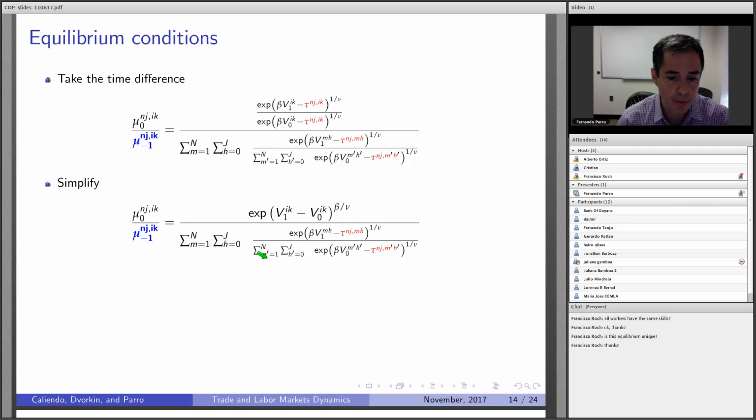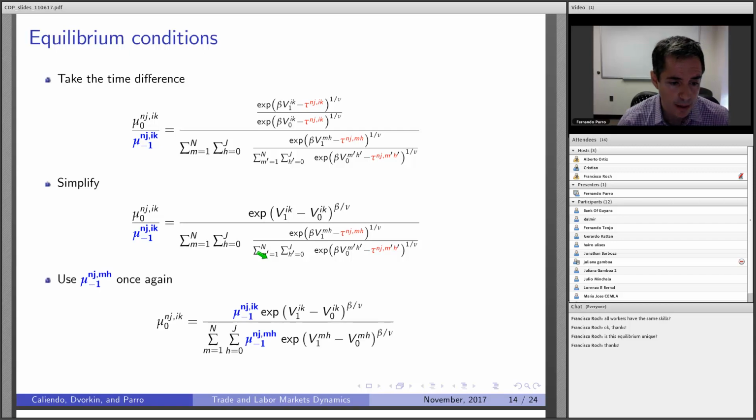But we are going to use again the information contained in the migration flows in the data at period minus 1, and we're going to plug in the denominator the equation that describes migration flows in the data at period minus 1.